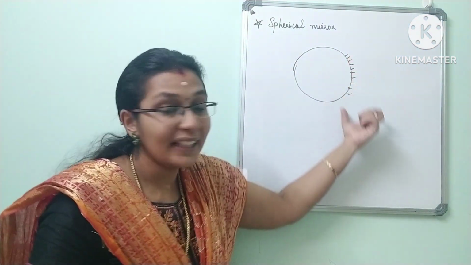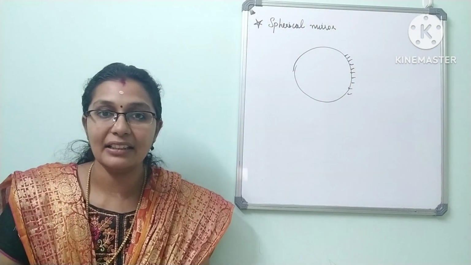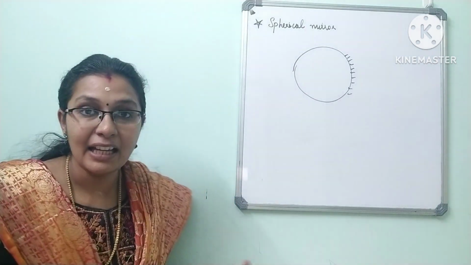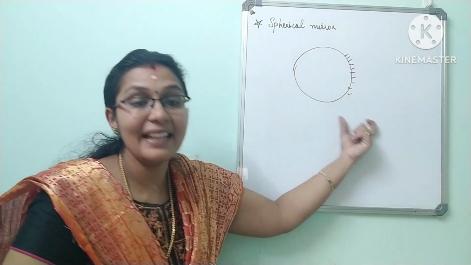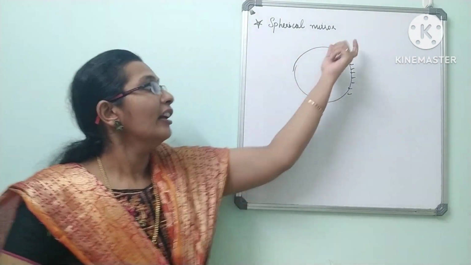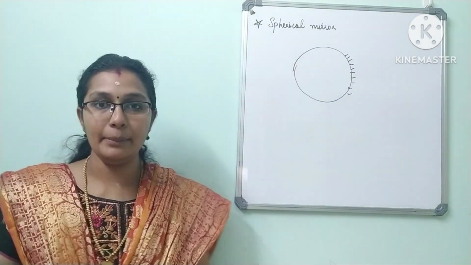So the reflecting surface, which is a part of a sphere, is nothing but the spherical mirror. You understand? A mirror whose reflecting surface is a part of a sphere. In a sphere, you have a reflecting surface, and that is nothing but a spherical mirror.